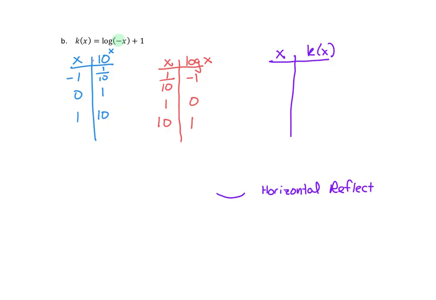And if we're doing a horizontal reflect, remember we're going side to side, which means this is about the y-axis. Now, remember, all this means is we want to change the sign of our x's. So this is now going to be -1/10, -1, and -10.